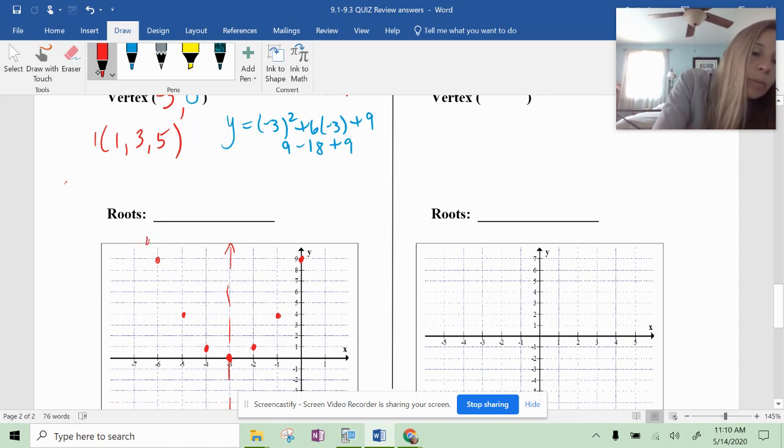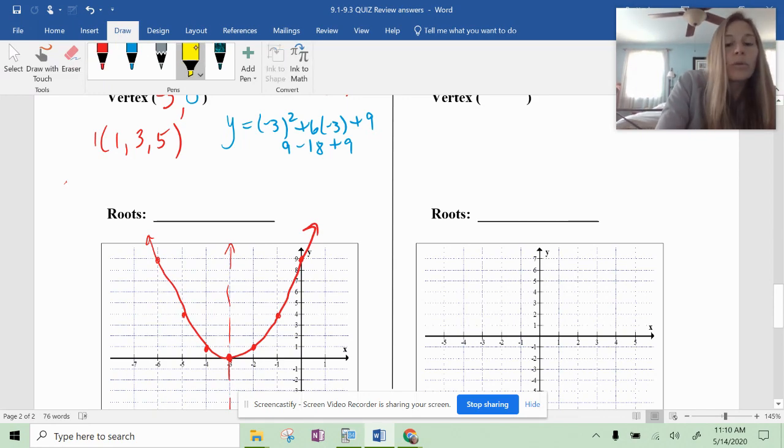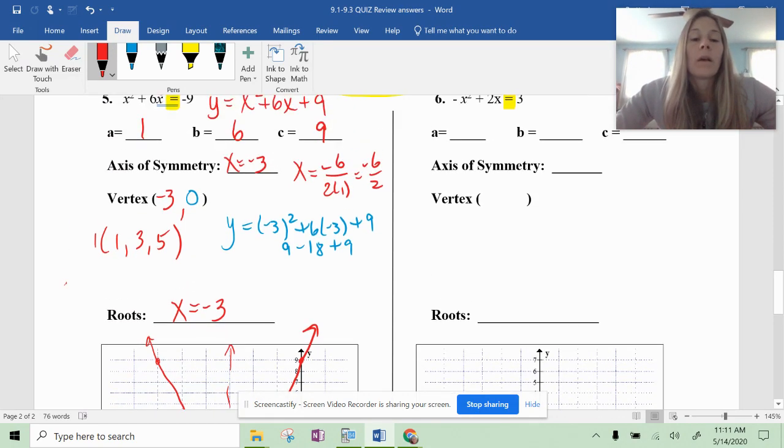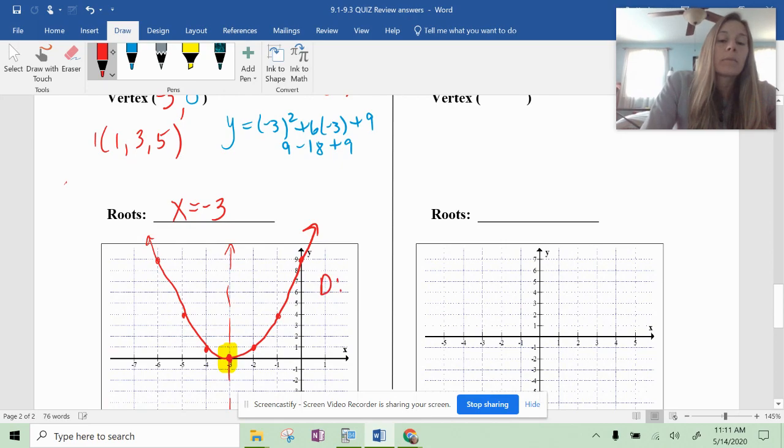And then there's your parabola. Okay, and then we just want to point out what are the roots, and the root or roots is the spot where it's going to intersect that x-axis. In this case, there's only one, x equals -3. Okay, our domain, all real numbers, and our range, y is greater than or equal to 0.